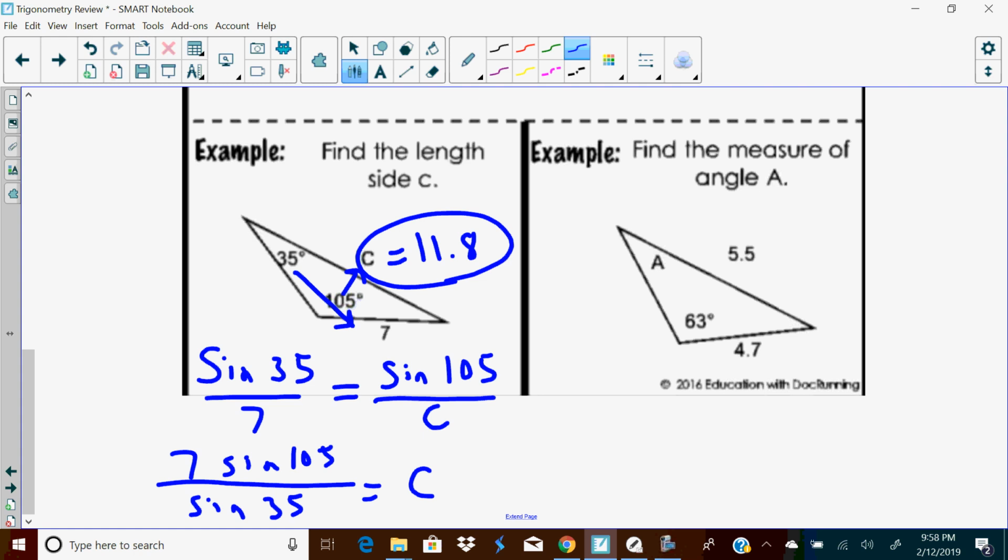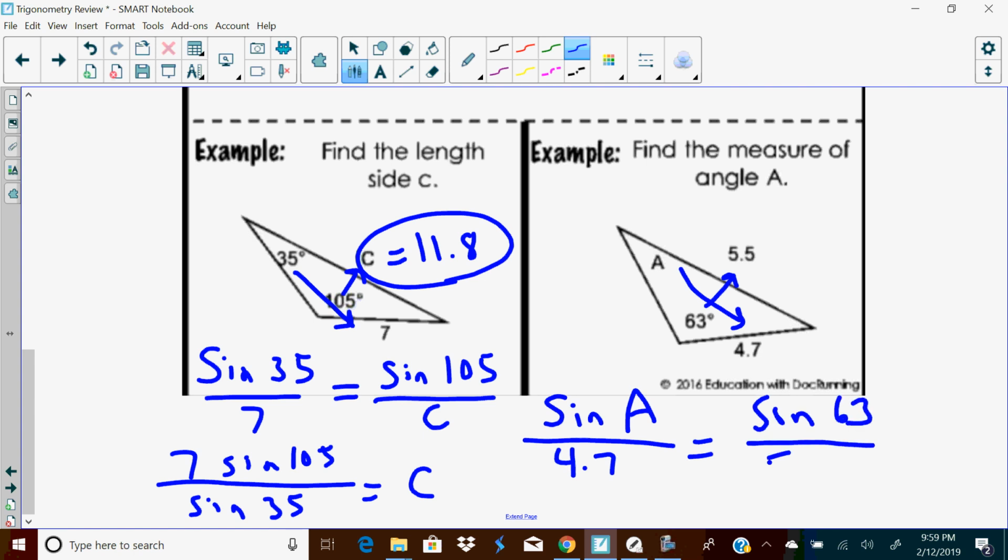Another example is I'm looking for angle A. So when I do that, I know 2 of my sides. These are the ones that match up. So again, I know the sine of A over 4.7 equals the sine of 63 over 5.5. So I'm going to cross multiply.